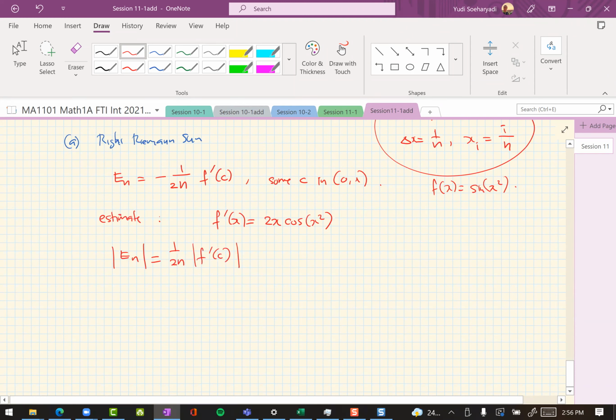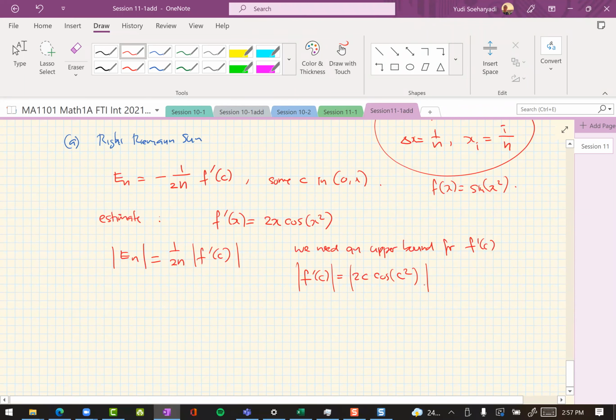We need an upper bound for this. Cosine is bounded, and x squared is at most 1.